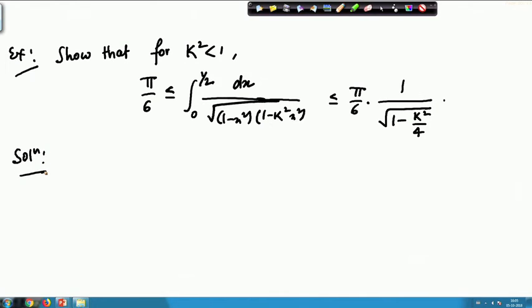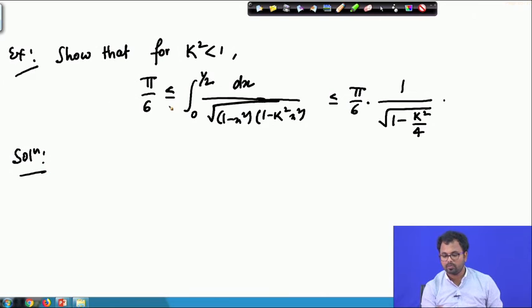So here we have to show that this integral is bounded between these 2 points.